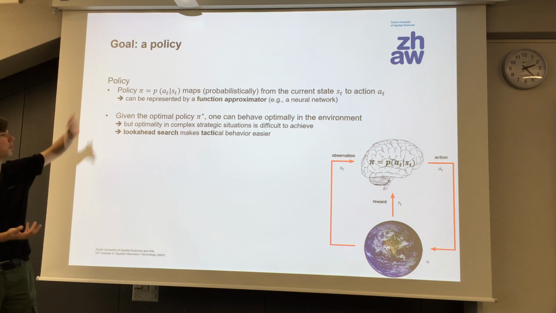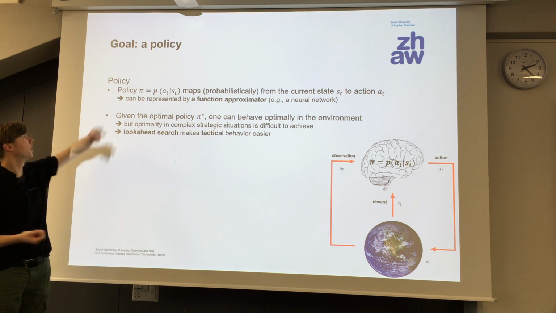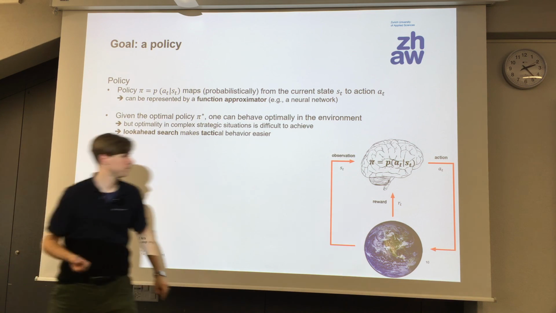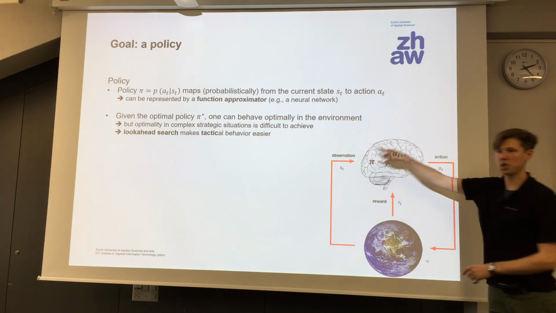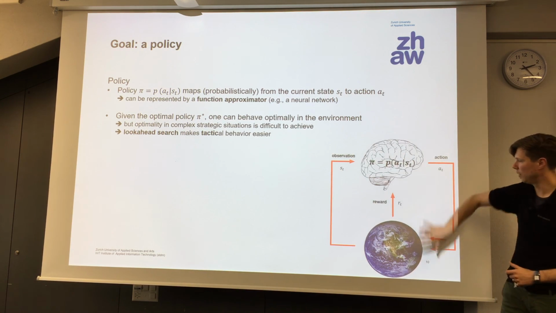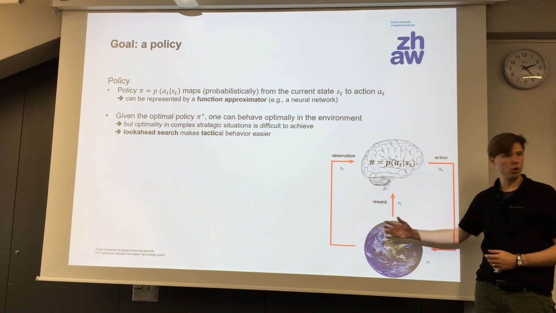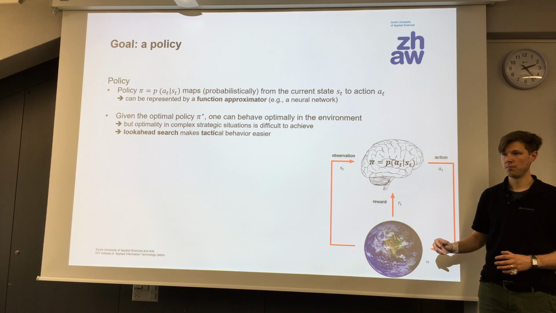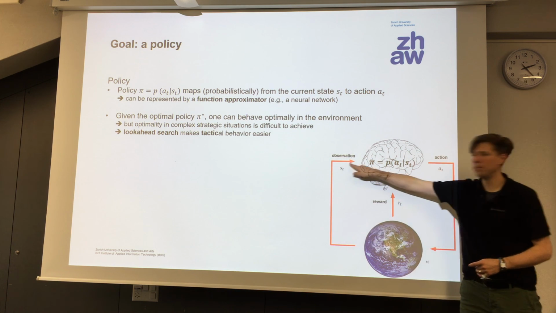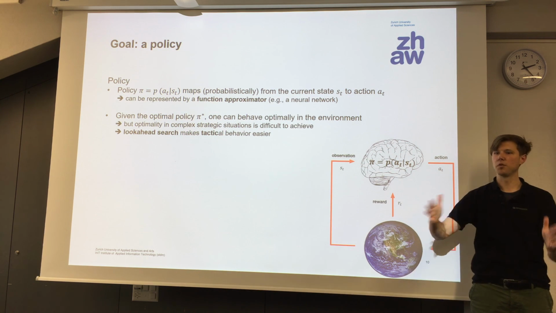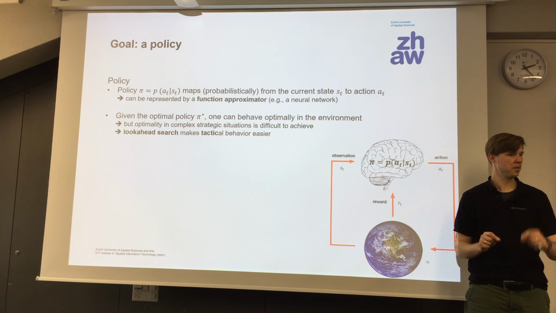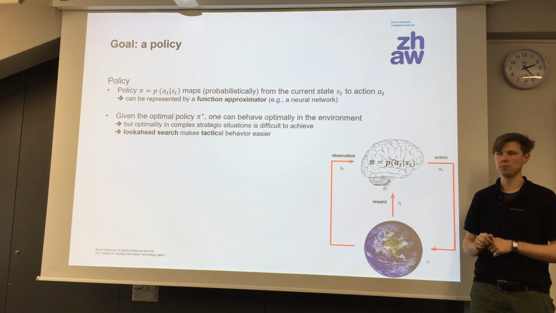So, what is the goal of learning? The goal is a policy. You remember that picture of how reinforcement learning in general works. We have here the environment. The environment would be the Go board and the opponent. The observation we make is we see the current state of the board, like what happened after the opponent moved his stone.